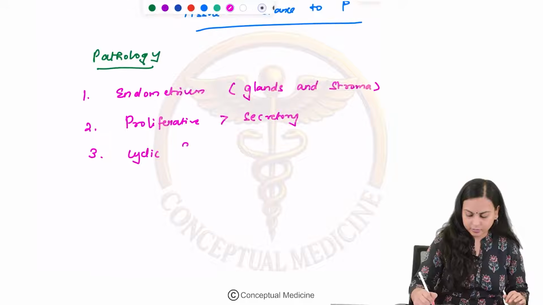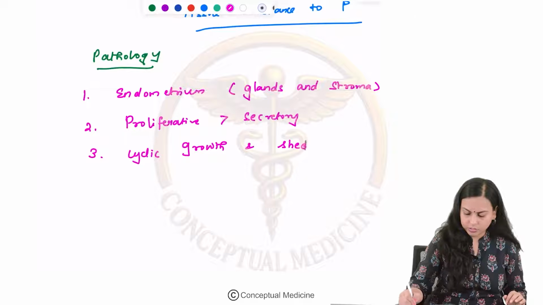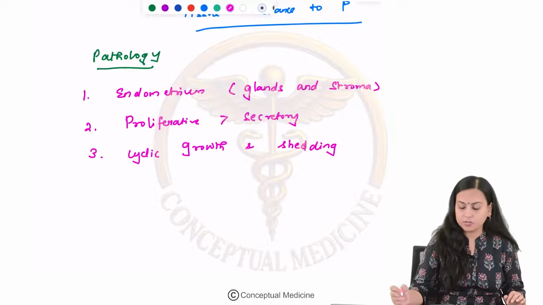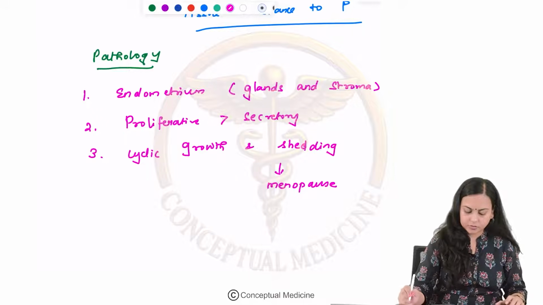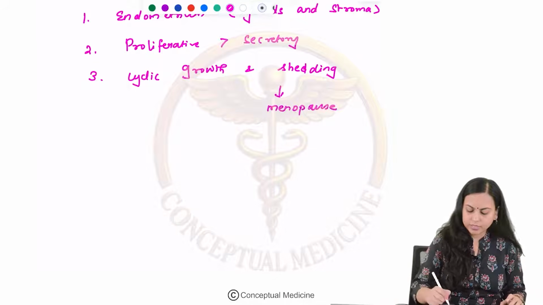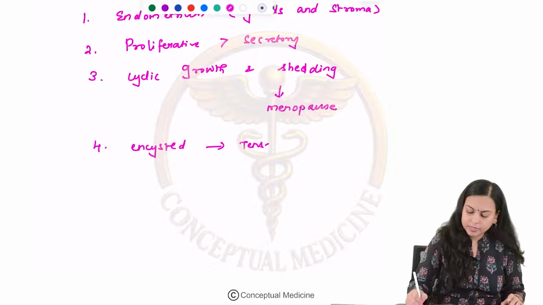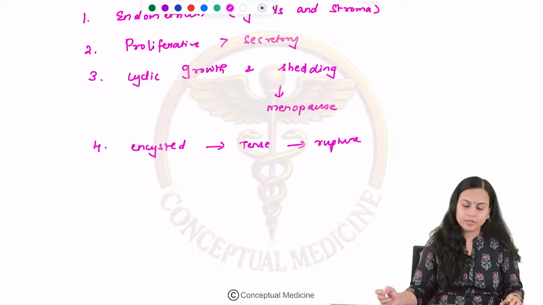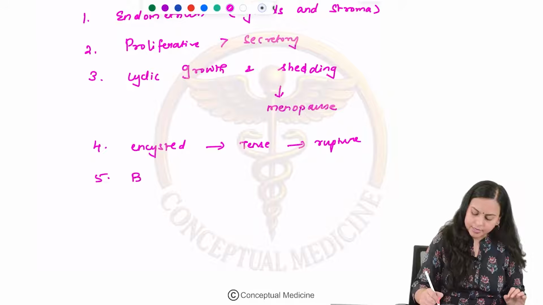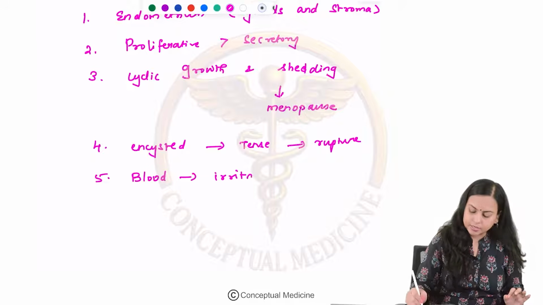So, there is cyclical growth and shedding of the endometrium also till menopause. Okay. So, the shed blood will be encysted and it may become tense and go for rupture as well.